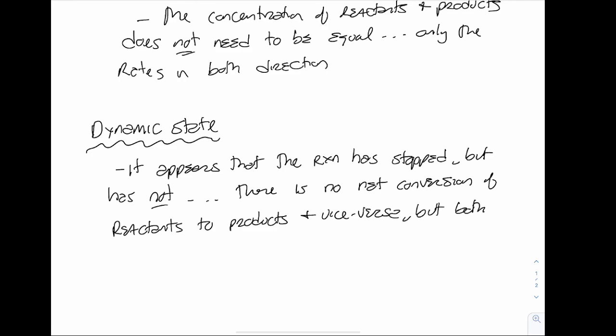But both reactions are still occurring. So again, it looks like nothing's happening, right? My concentrations of A and B are constant. They're not changing because I'm forming A at the same rate that I'm decomposing A, right? I'm forming B at the same rate that I'm decomposing B. So it looks like nothing's happening, but it is dynamic. My reaction's still occurring. It's just that there's no net change in my concentrations.